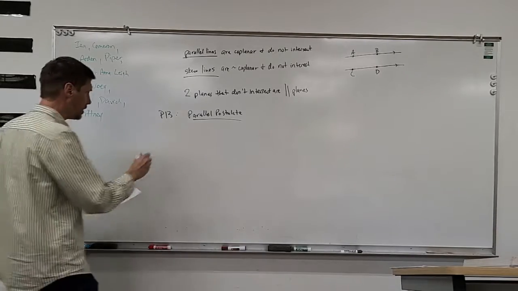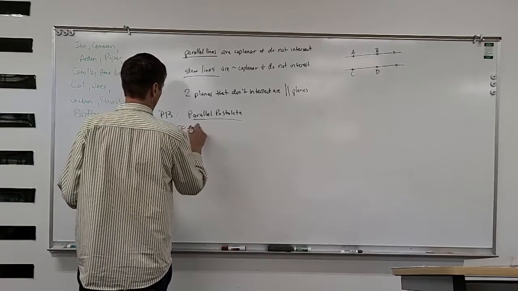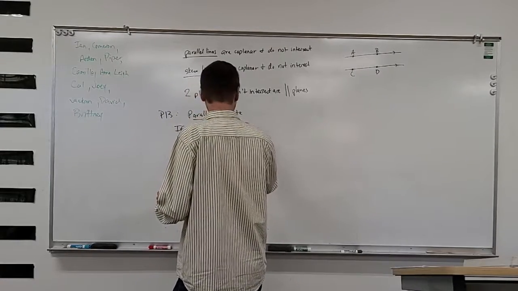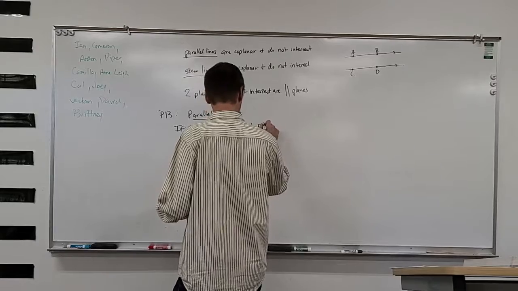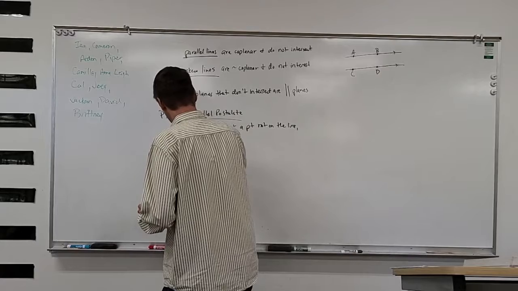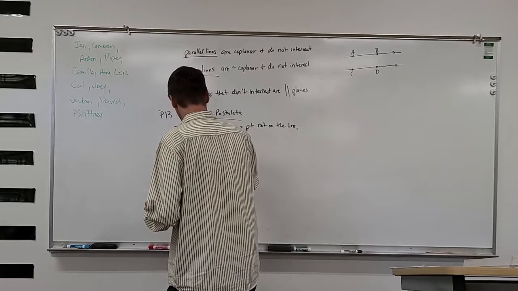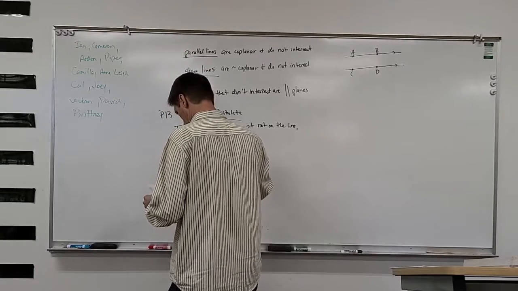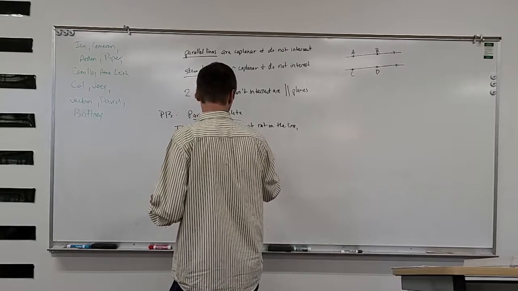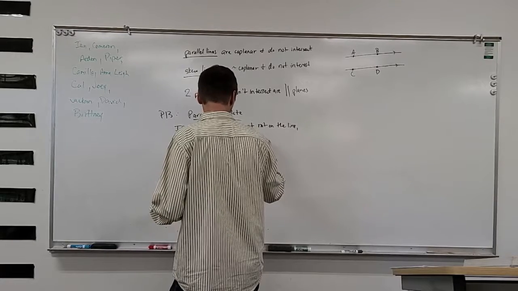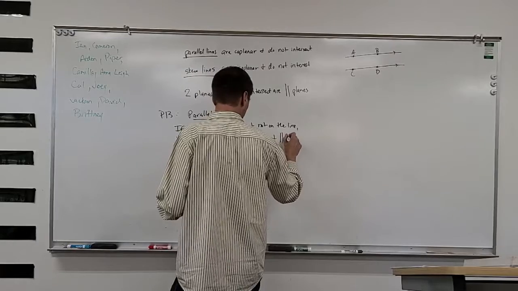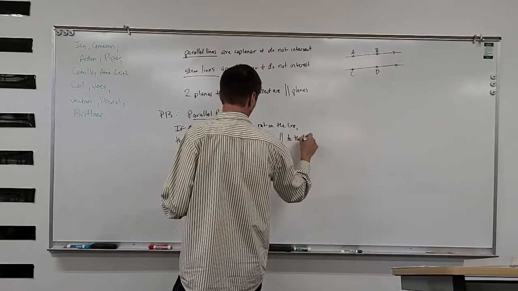If there is a line and a point not on the line, there is exactly one line through that point parallel to the other.